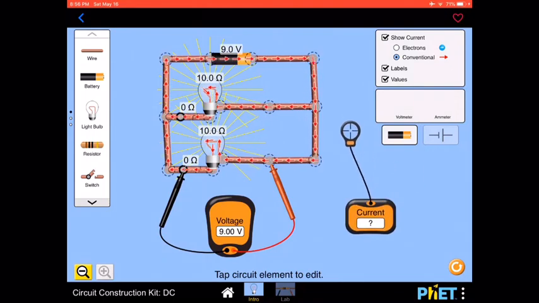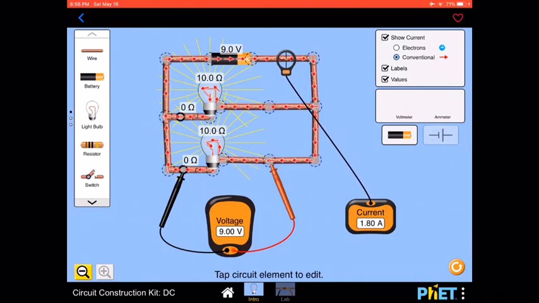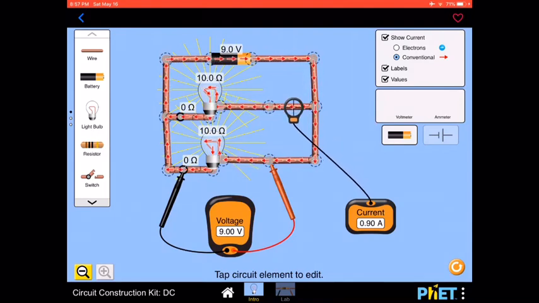But now let's look at the current. What is the current in the circuit? The ammeter says the current in the circuit is 1.80 amps. And then what is the current in the branch? It's 0.9 amps. What's the current in this branch here?